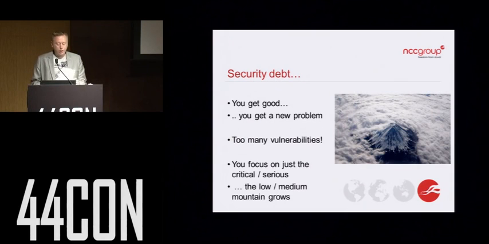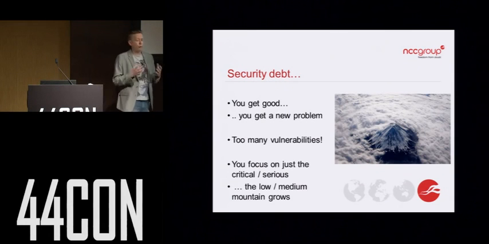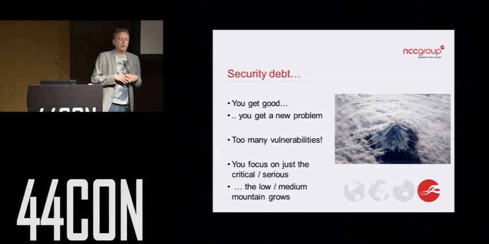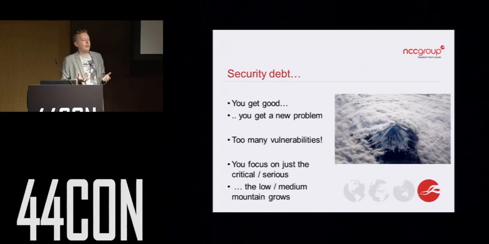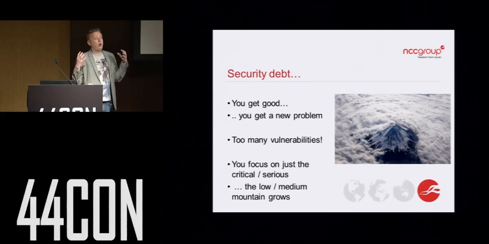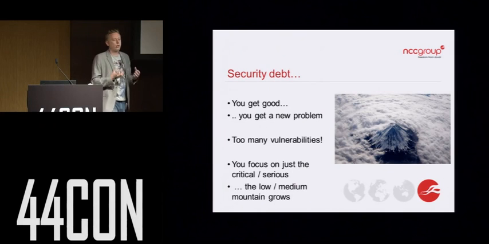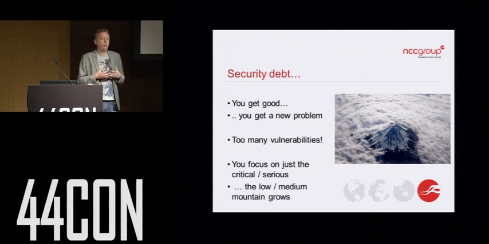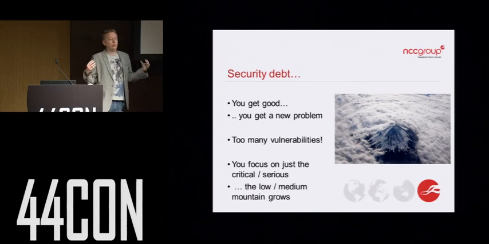So the real problem that we get is, before you have a secure development lifecycle, or before you're even finding vulnerabilities, you're blissfully unaware of what your problem is. The reality is that as you get better and secure development lifecycles are deployed, or you are a focus of unwanted attention by external researchers, or you build your own internal capability, you get this new problem, which is you find lots of vulnerabilities.